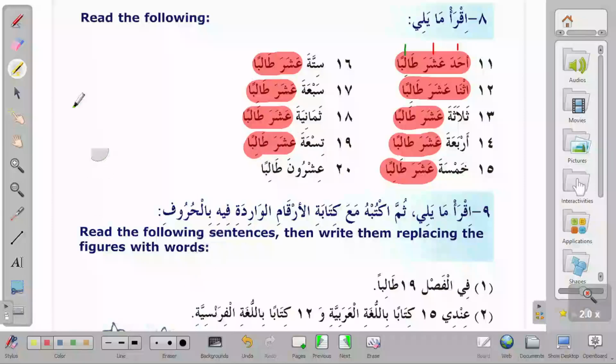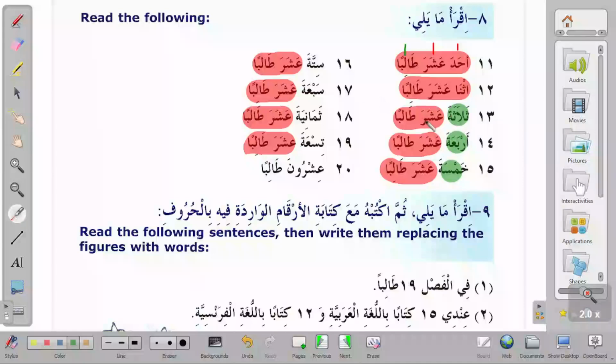I hope that is clear. And then the first number will have a different gender, an opposite gender. Now let me explain.